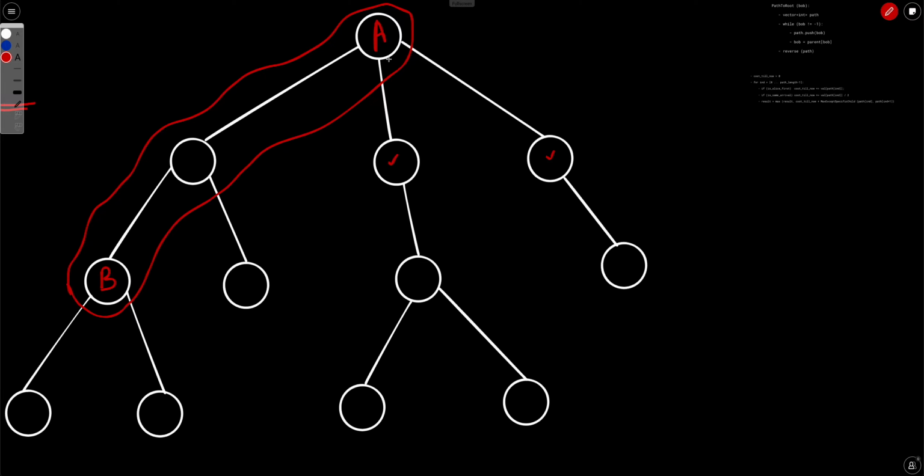Now Alice has choices. Alice can take this one, or take this one, or take this one, and so on and so forth. Alice has choices. Clearly we can't iterate over all the children, right?